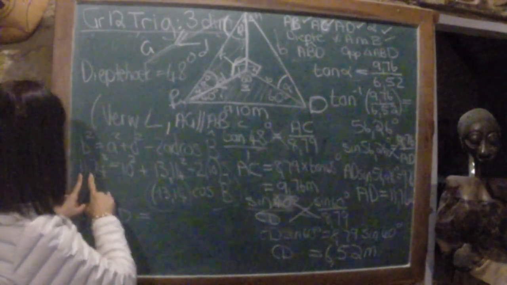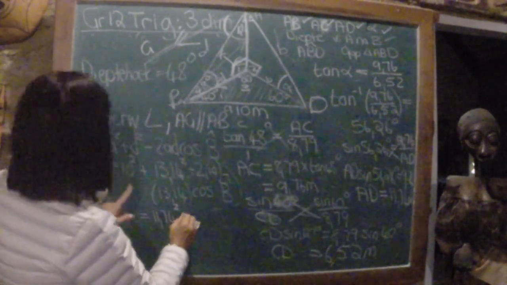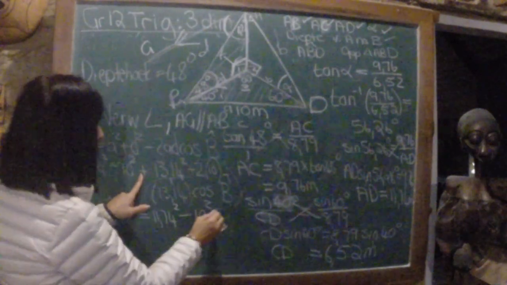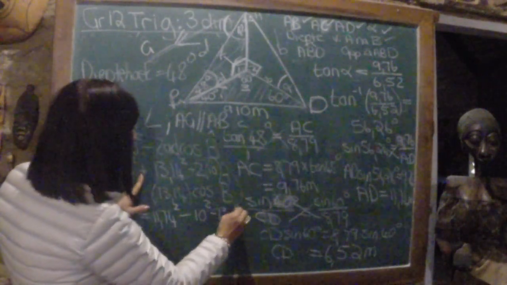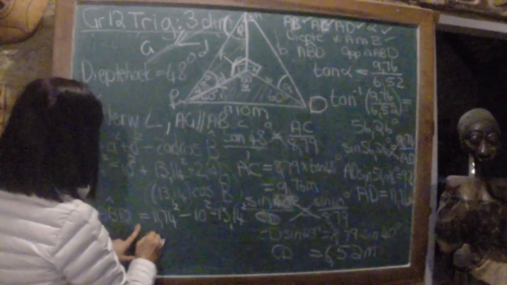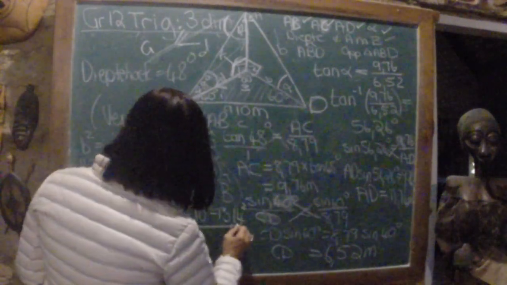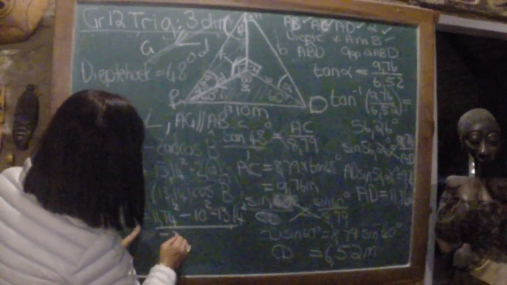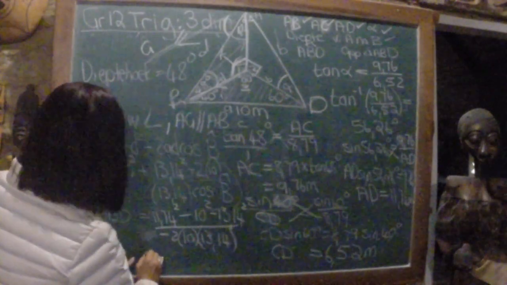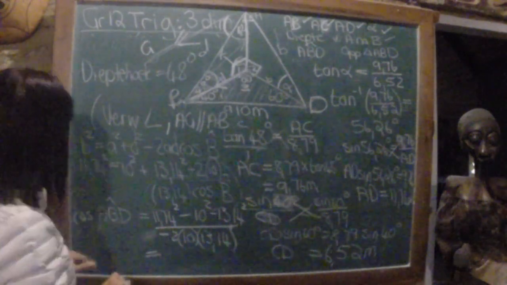I can take 11,74 squared minus 10 squared, if I take it to the other side of the equals to, minus 13,14 squared, and then you will see you're going to get a negative value there, because this is negative, and then you're going to divide with a negative, minus 2 times 10 times 13,14, and then you'll get the cos of ABD.